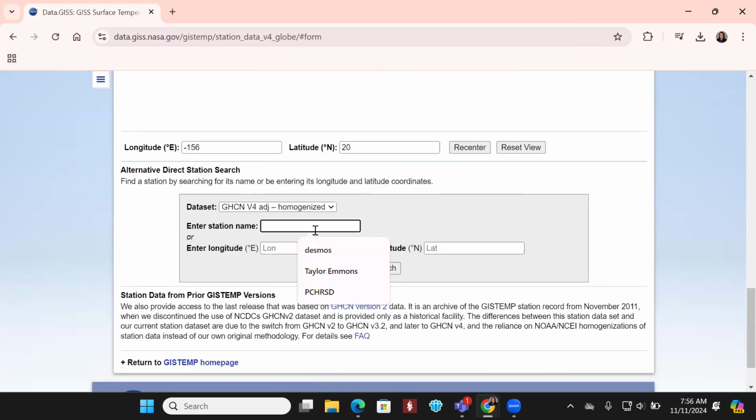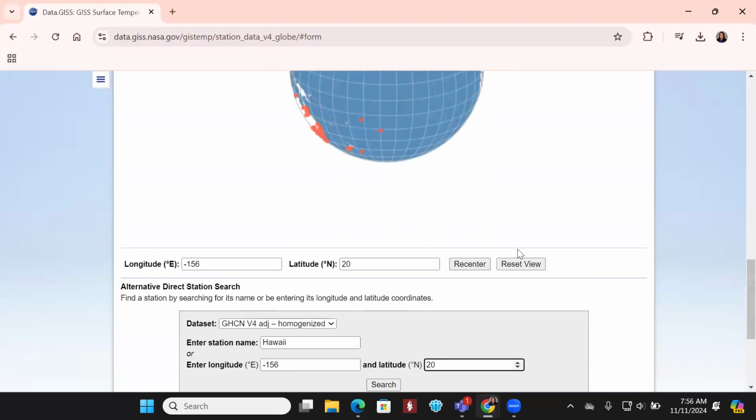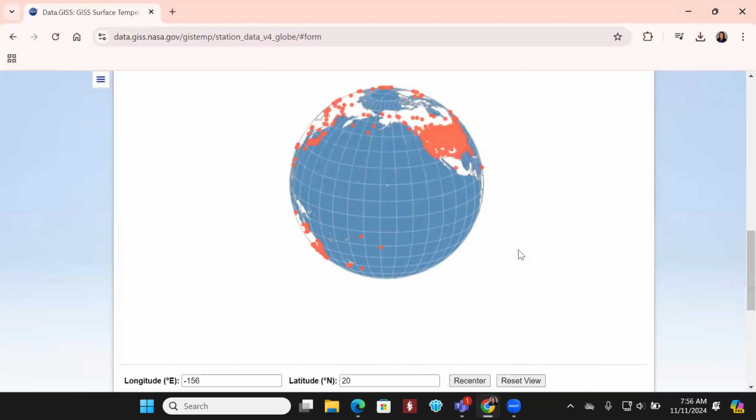Enter station. Hawaii? Is there two? Say again? Wait, no. It's by the station. So I think the red dots are the center.